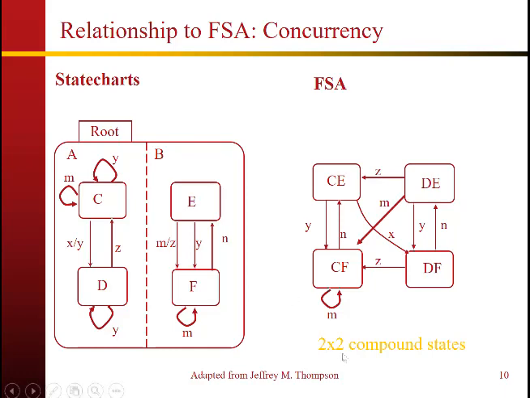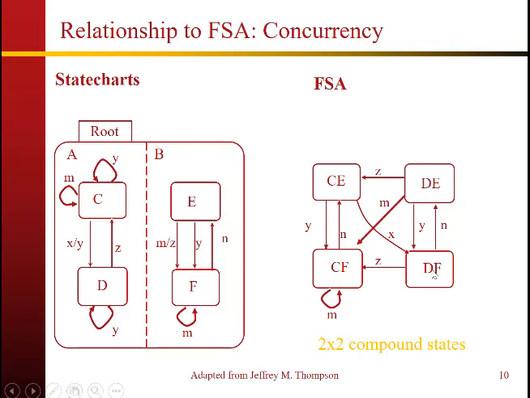So if we note a state machine with two states and a second state machine with two states, now you have compound states, which would be two possibilities, right? You could be in state C or D and could be simultaneously in state E or F. And so that's what we see here, there's CE, CF, DE, DF.